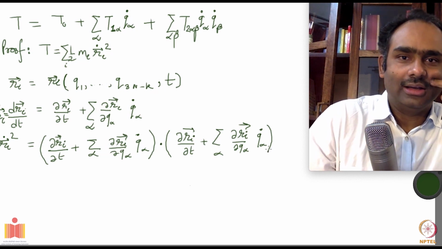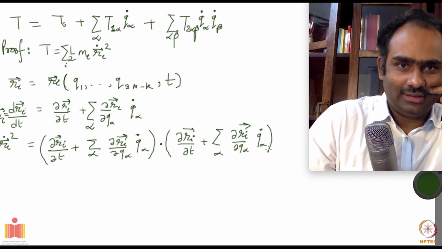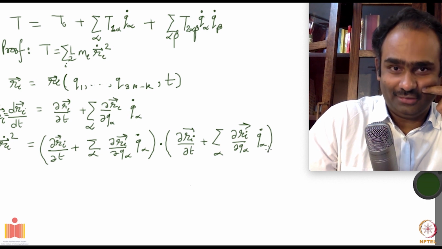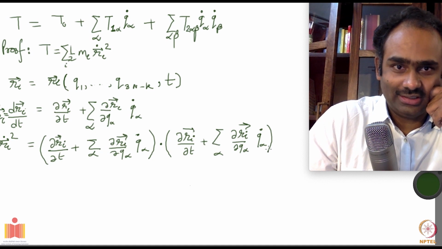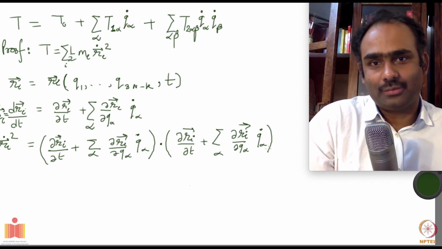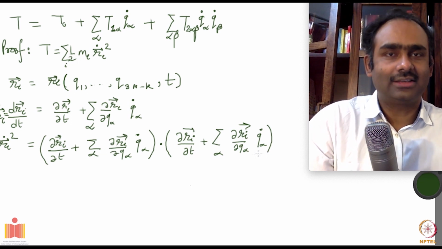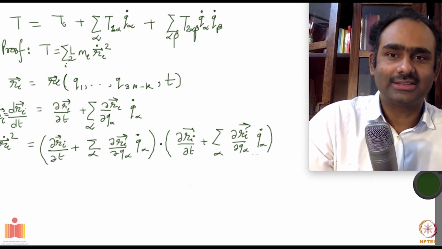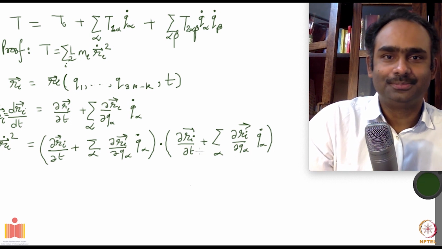Now, if you have not already noticed the mistake, and if you have not noticed it still, despite my telling you that it's a mistake, you need to know that this is going to give trouble if I use the same index alpha here and the same index alpha here. I should be very careful and should not use the same index on both sides.